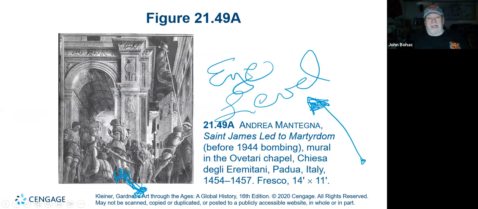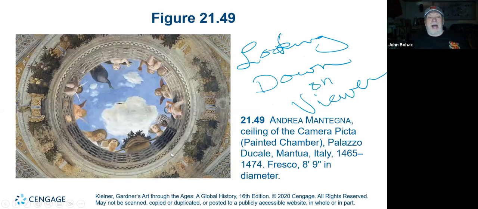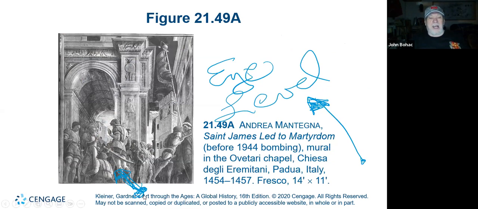here's another Mantegna, and this is kind of an interesting way of seeing perspective. We saw Mantegna, the previous one, where you're actually looking up there. He was actually pretty good at this. He has this mural that was destroyed in the Second World War before 1944 bombing.